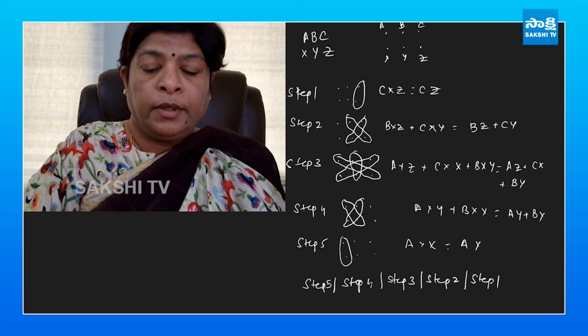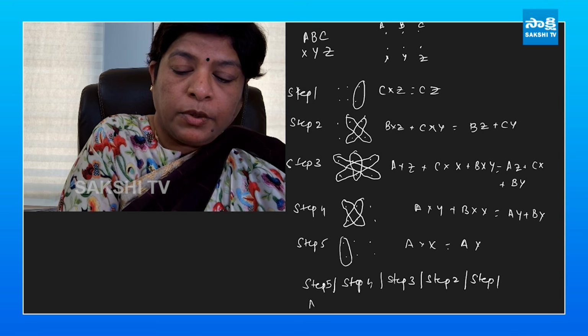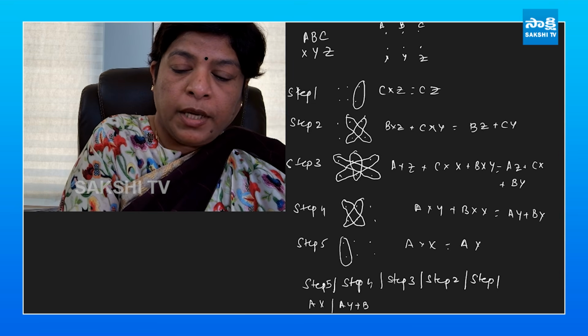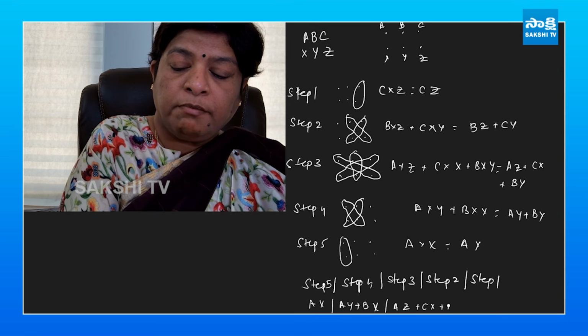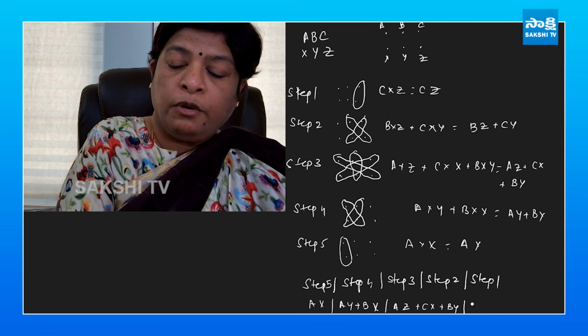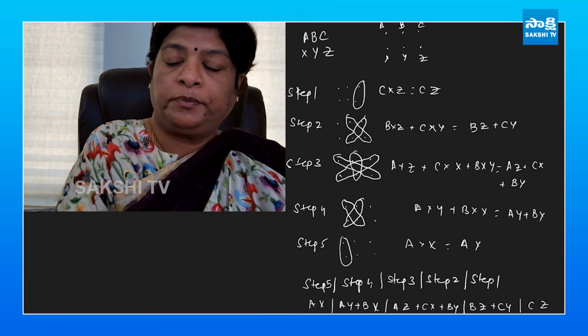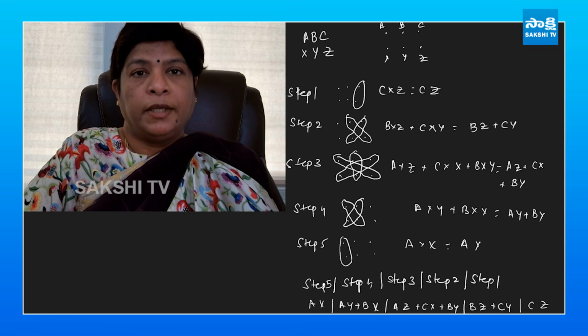So it's going to be AX, AY plus BX, then AZ plus CX plus BY, followed by BZ plus CY, then CZ. Again, we apply the balancing technique to get the final answer.